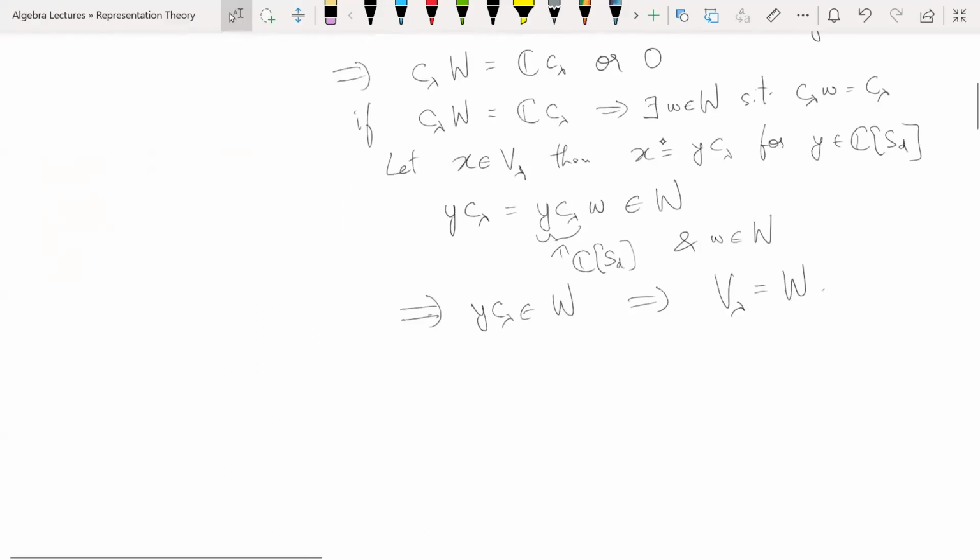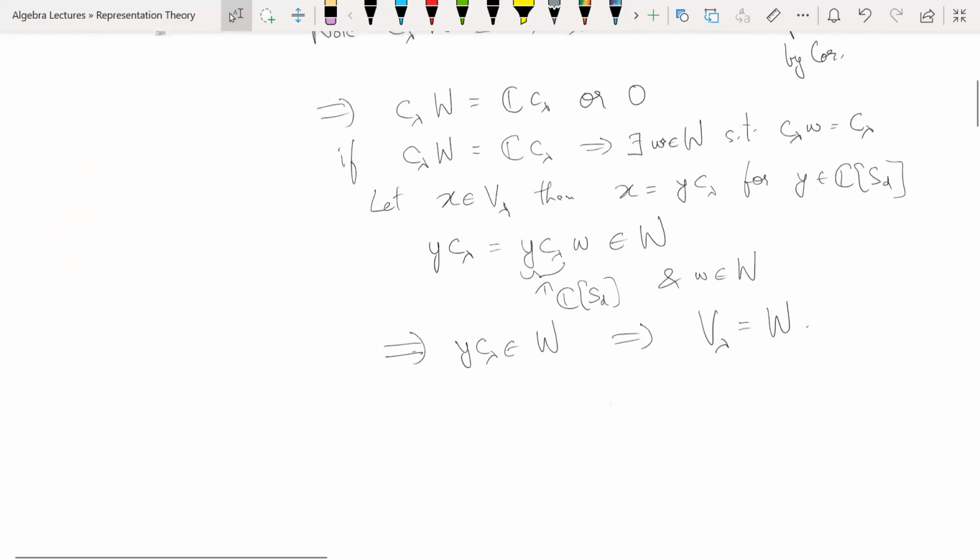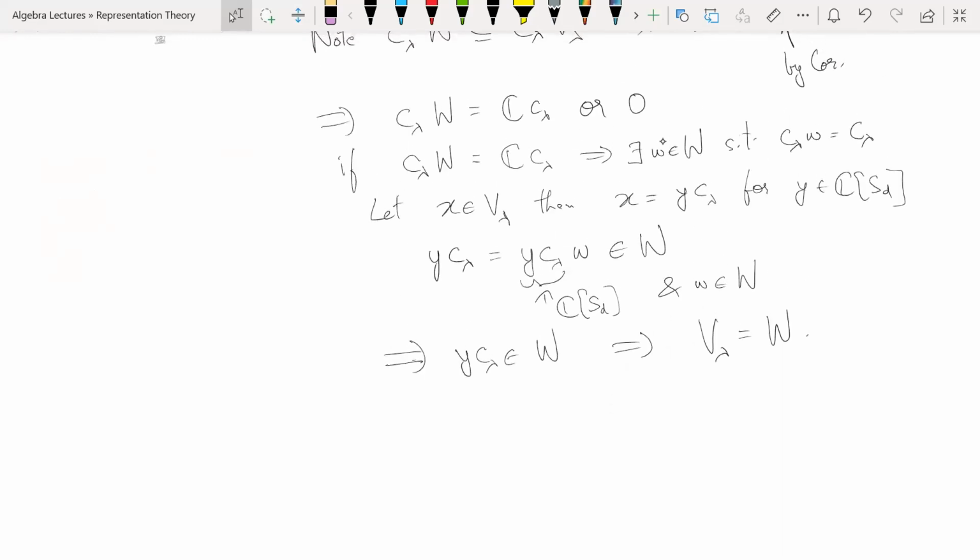So we are just trying to work out the two cases. If it is C times C lambda, I'm multiplying here on both sides by CST.